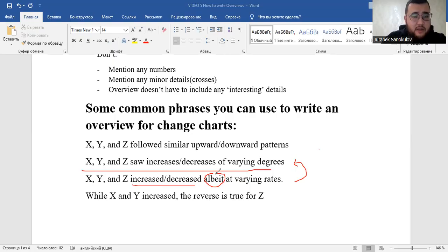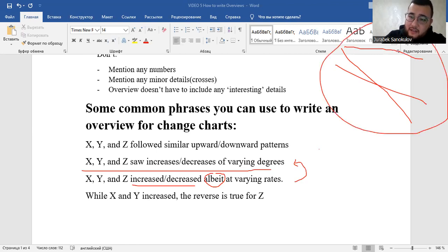Albeit basically means even though or although. So again, let's use them. Let's draw decreases. This decrease, and let's just say this decrease. So you see like all of them decreased, but at different rates. So in this situation, you can say X, Y, Z decreased, albeit at varying rates. That's how you will use it.